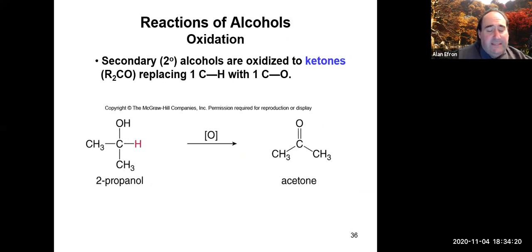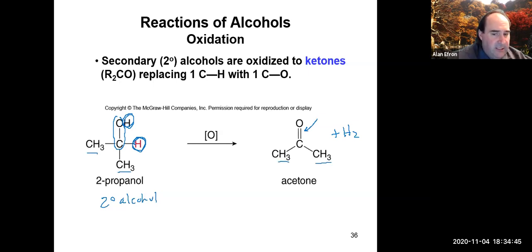Now, if you have a secondary alcohol, and again, this is a secondary alcohol, same deal. We're going to take the H off of the O, H off of the carbon that's attached to the O. That gives us our H2. And then right here between our carbon and oxygen, that is where we're going to put our double bond. Again, absolutely everything else is the same.